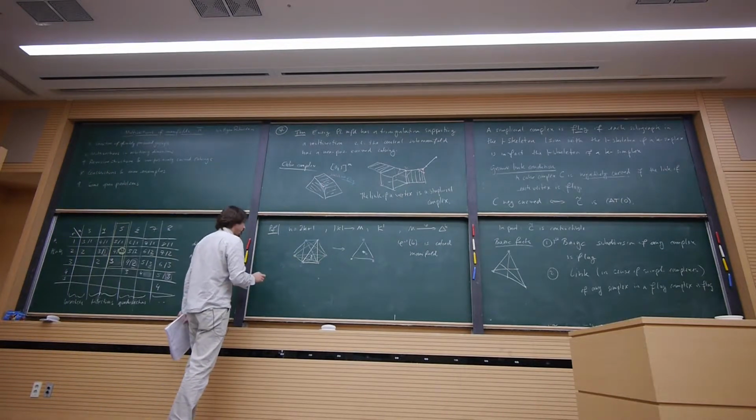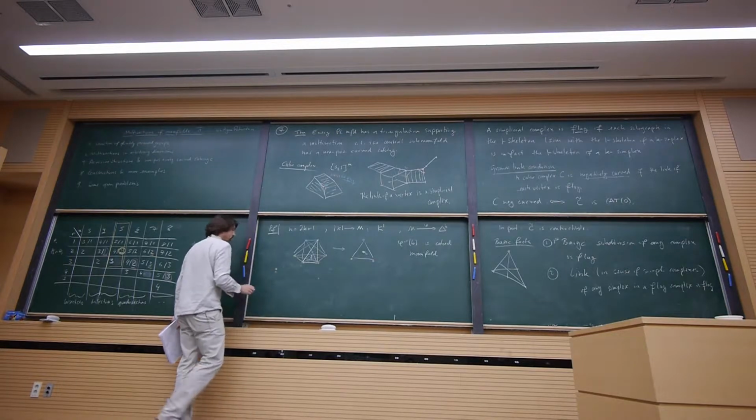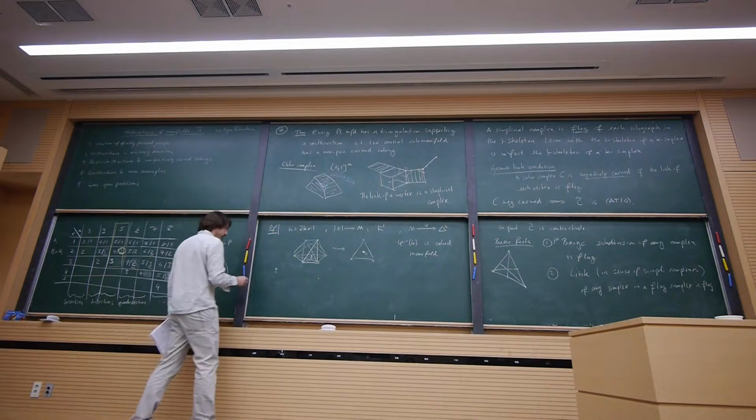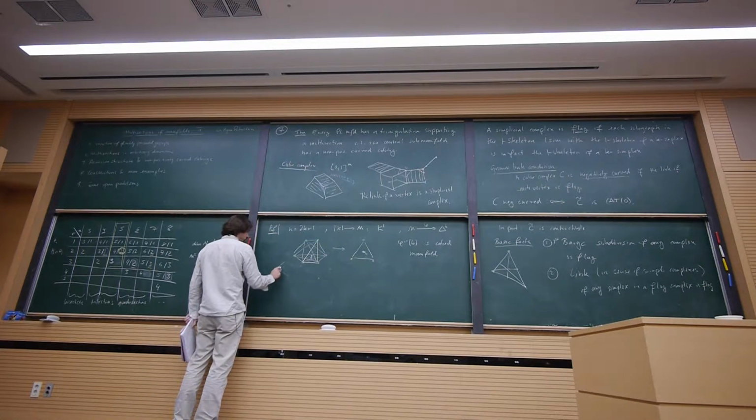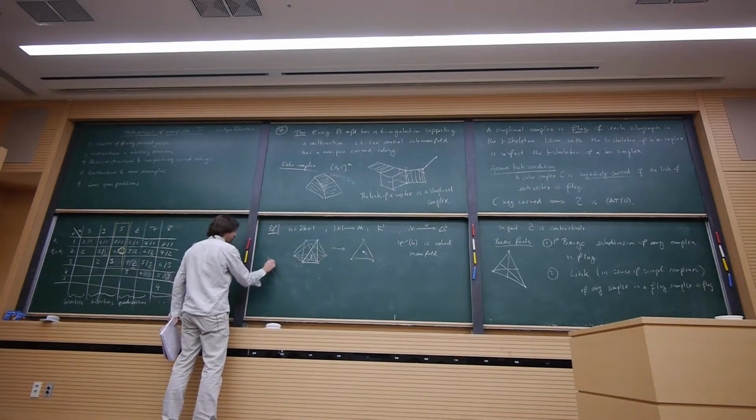And now I need to worry about what the link of this little corner looks like. So the first thing I could think about is the vertices in the link. Here I'm in dimension 5, so this is a corner of a 3-cube.